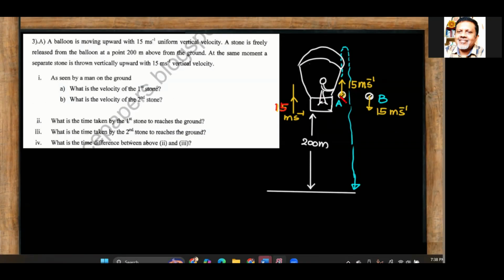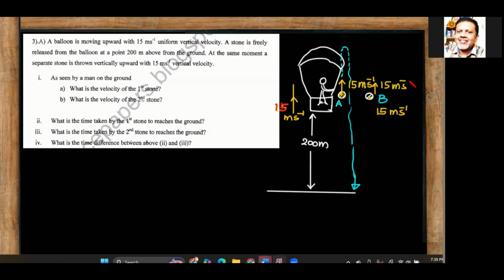So the first one is just released, right? Then we have to change the velocity. This one should be in the upwards direction. However, I'm thinking this 15 meter per second upward velocity is relative to the person, right? Relative to the person.